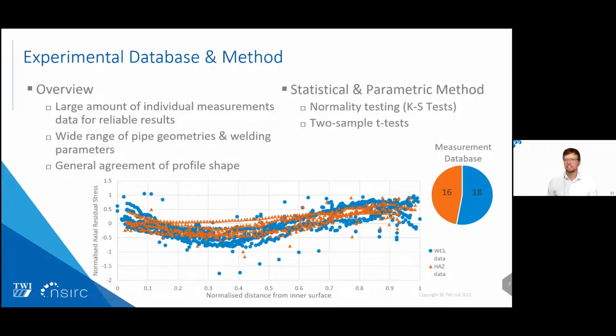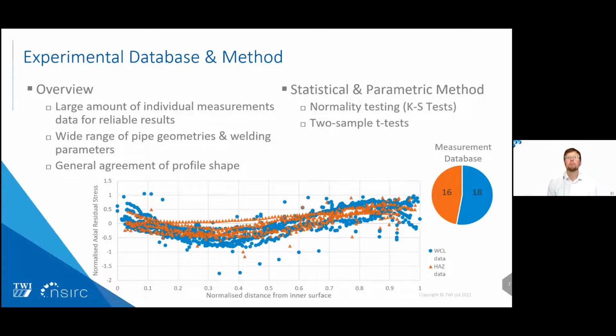So first off, these are the weld centerline data and the heat affected zone data, and I plotted them together just to show that they look quite similar. They have very similar magnitudes, similar peaks, and one of the things that I'm looking to investigate here is whether we can actually treat them the same as suggested in standards.